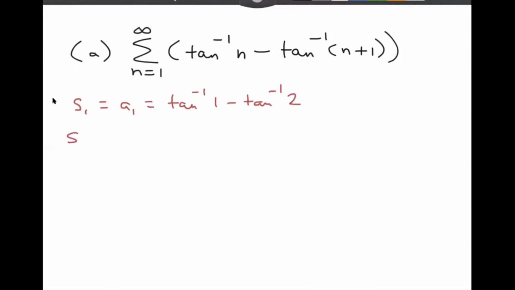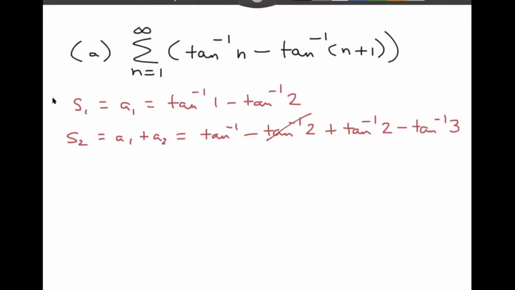And then S2 is the sum of the first two terms. So that would be inverse tangent 1 minus inverse tangent 2 plus inverse tangent 2 minus inverse tangent 3. And those terms are going to cancel.